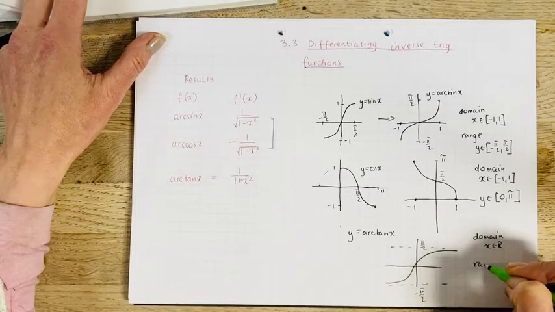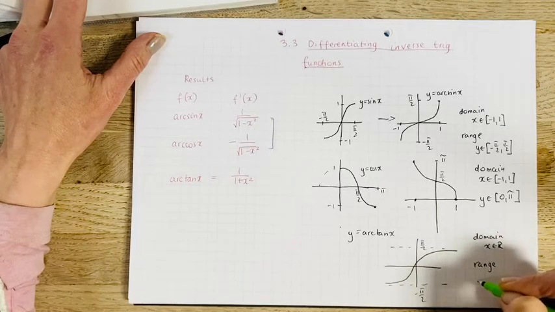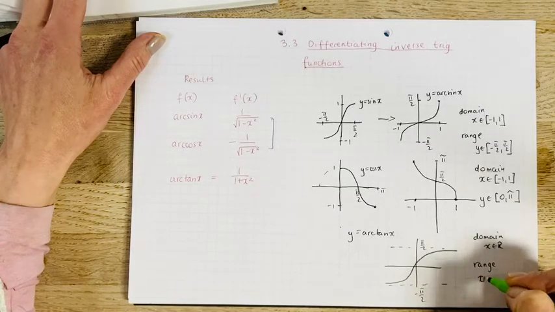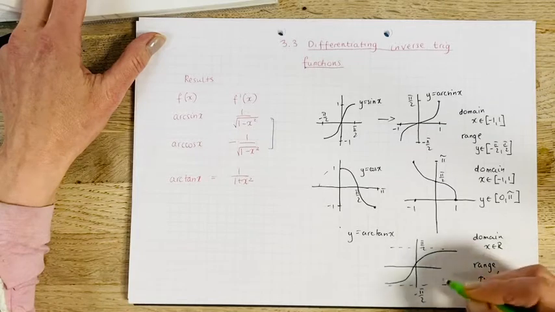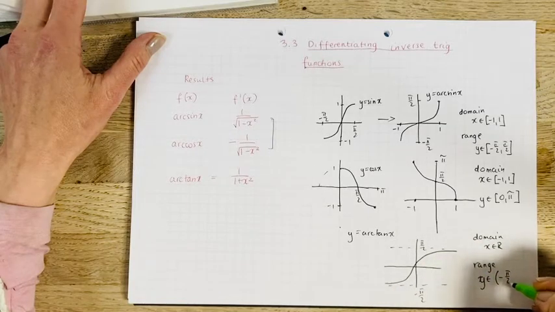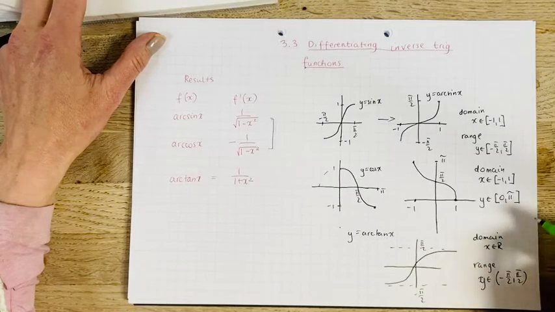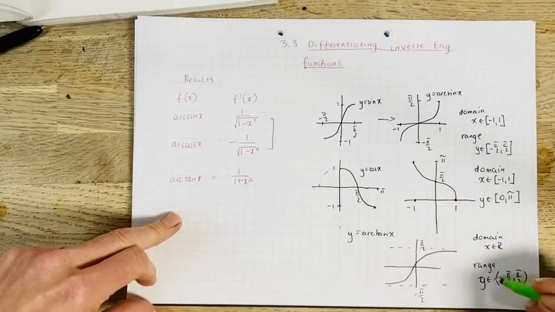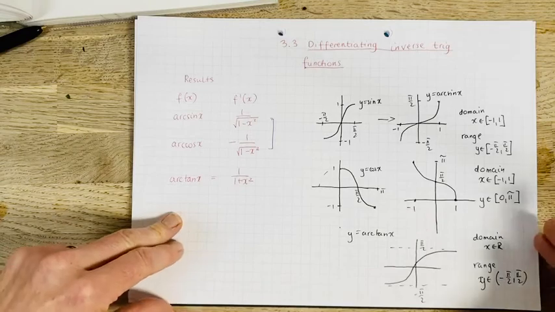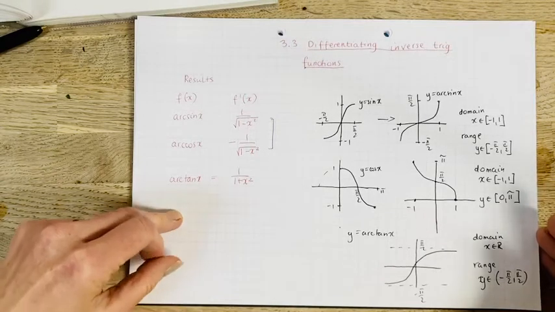Range, sorry, y is between minus pi over 2 and pi over 2. If you want to use set notation, interval notation, like you did over here, then you do curly brackets to show that you don't want the end points to belong to this interval.